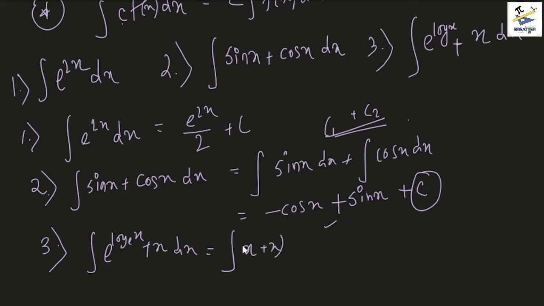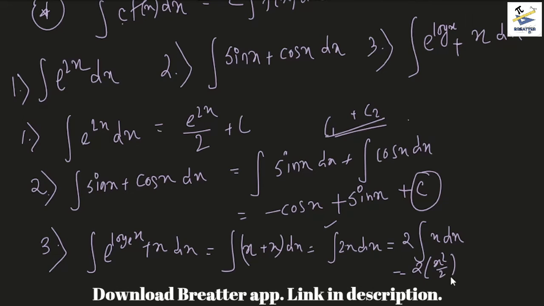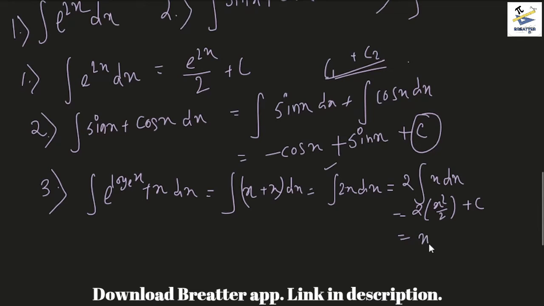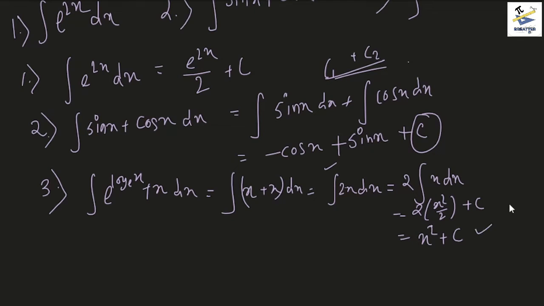So x plus x dx, which is basically 2x dx, and we can see that the constant 2 comes out and it's just x dx, and integral of x dx is x squared by 2, and there would be a plus c outside. This would mean you will have the integral as x squared plus c. This is your answer.